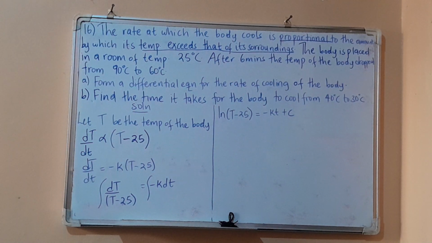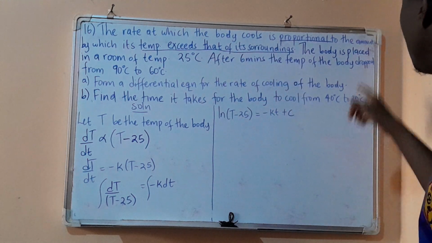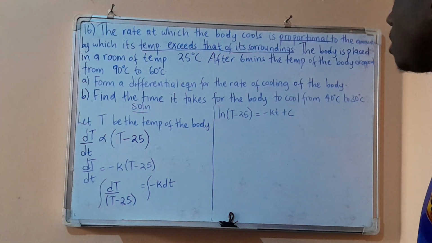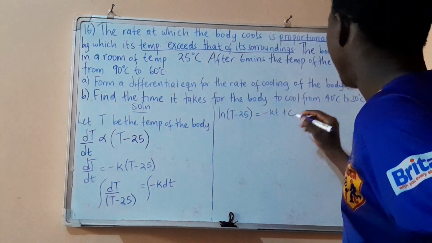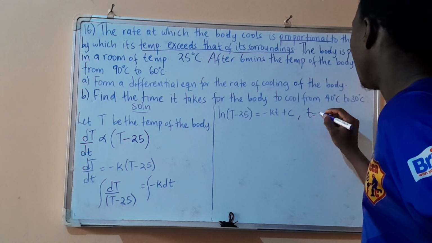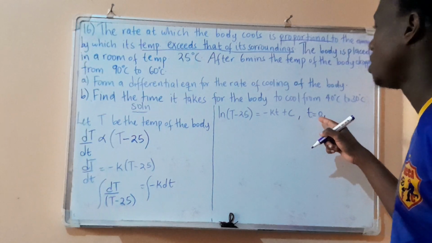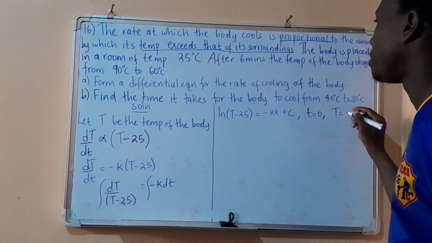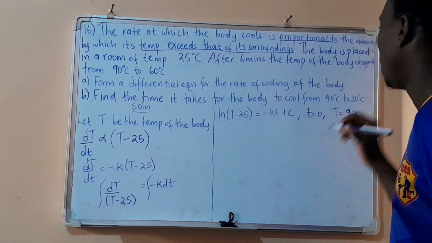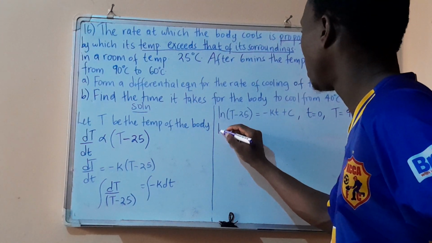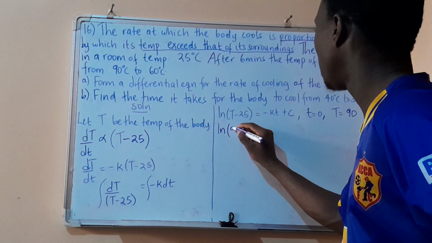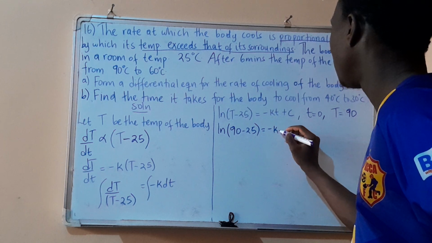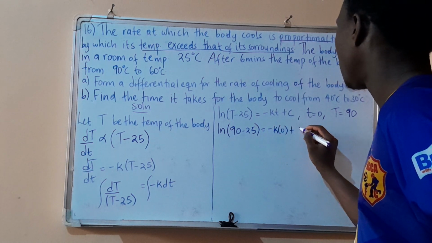They have told us that after 6 minutes, the temperature of the body dropped from 90 to 60. So initially the temperature of the body was 90. At t equals 0, we have capital T as 90. So we shall have natural logarithm of 90 minus 25 equal to negative k times 0 plus c.